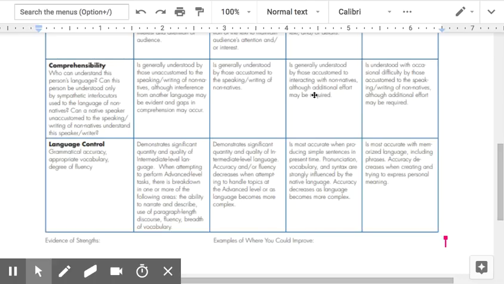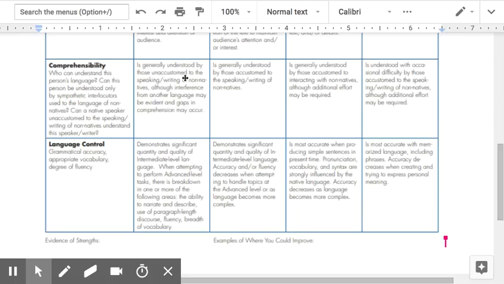3 from a 2, although additional effort may be required with somebody who is generally accustomed to interacting with non-natives. And a 3 from a 4 is generally understood by those unaccustomed to the speaking, writing of non-natives, although interference from another language may be evident and gaps in comprehension may occur.